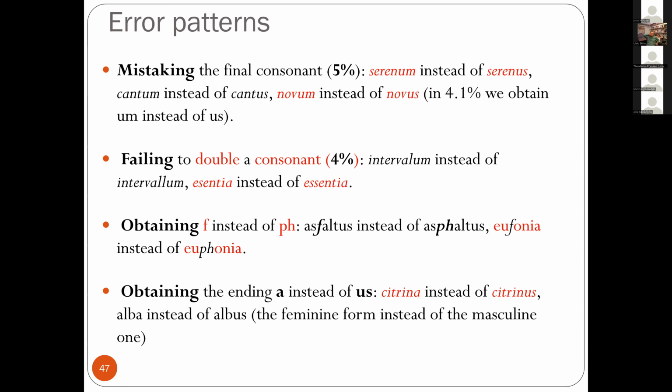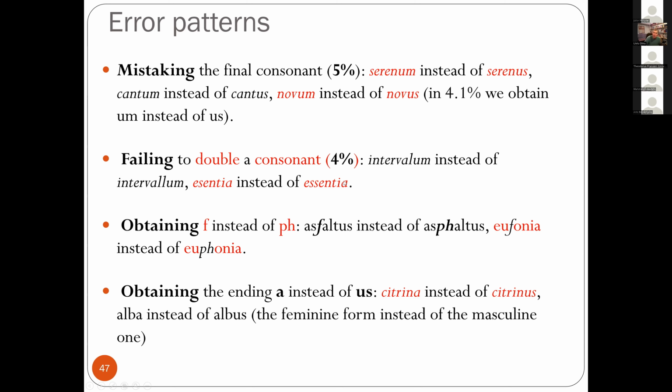Another error which was counted as an error by us was failing to double a consonant, intervalum instead of intervallum, essentia instead of essentia. Double consonants are okay in the South of Italy, but in the North it's impossible to pronounce the double.